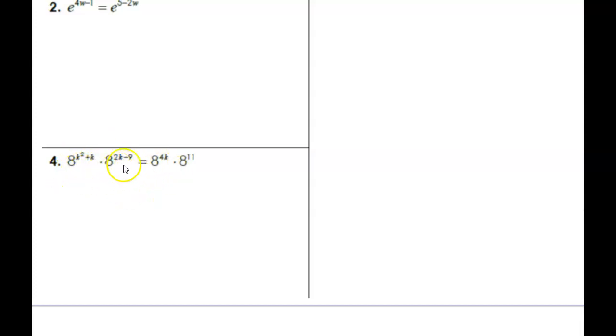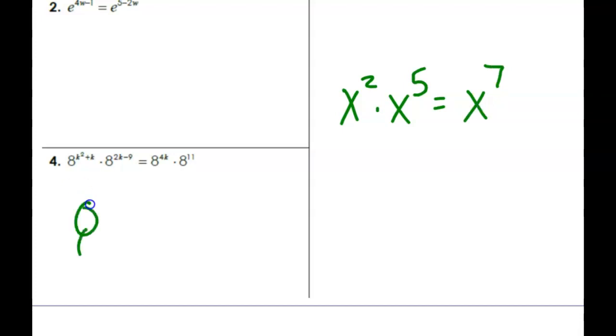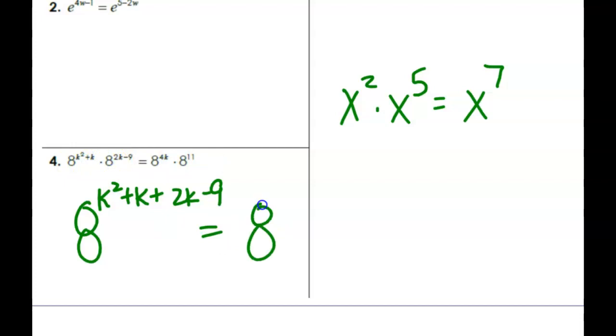To combine, when you had an x squared times an x to the 5th, you ended up with an x to the 7th. Everybody remember that property? So we're going to do 8 to the power of k squared plus k plus 2k minus 9, because these are both powers of 8, equals, what are we going to do with this side? 4k plus 11.